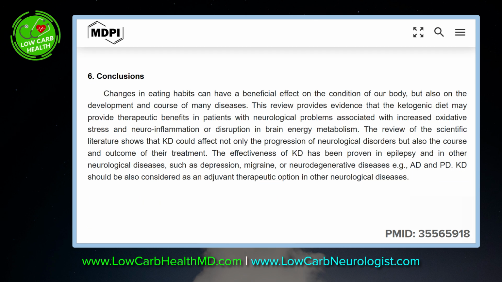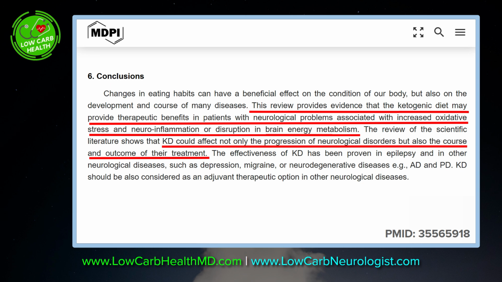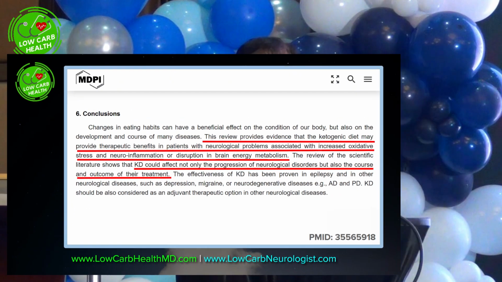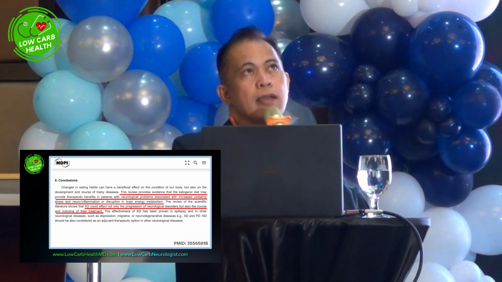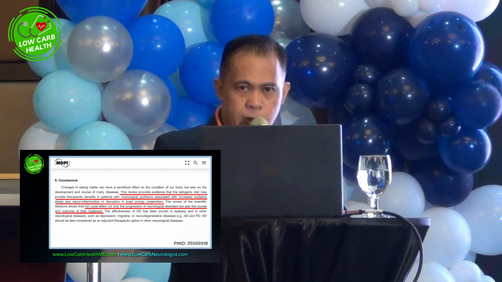In conclusion, there is evidence that the ketogenic diet can provide therapeutic benefits in patients with neurological problems associated with oxidative stress and inflammation, like in stroke and Alzheimer's, Parkinson's, etc.